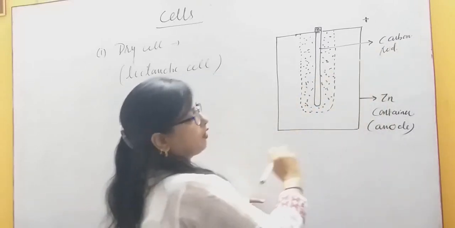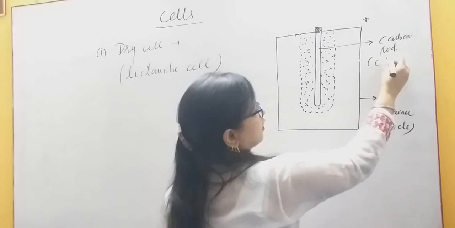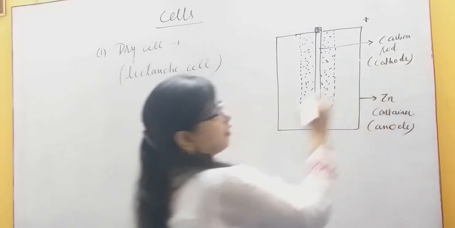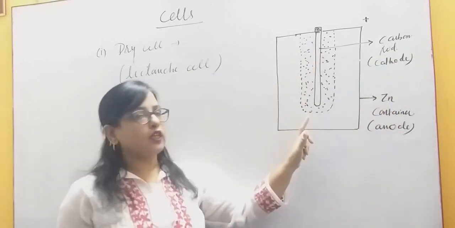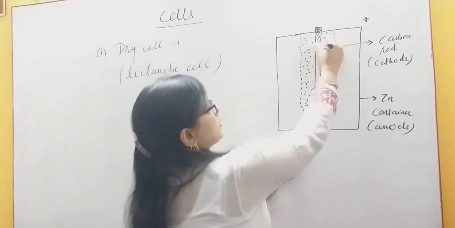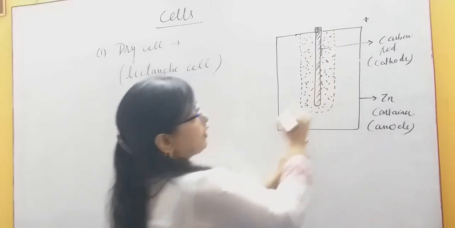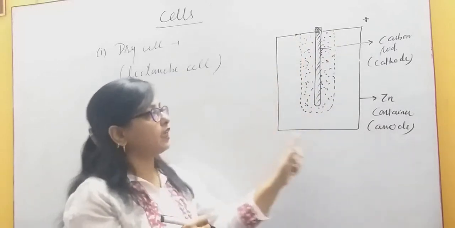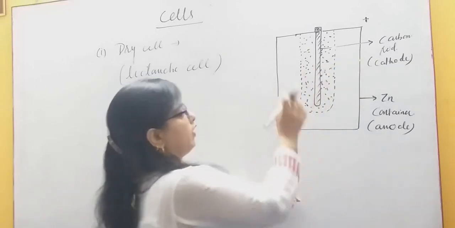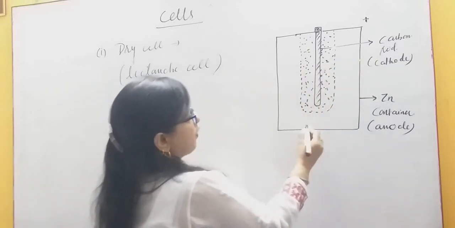This carbon rod, placed in the center of the cell, acts as cathode, and the zinc container is anode. And here we have the electrolyte.